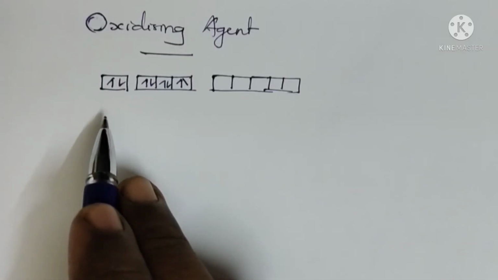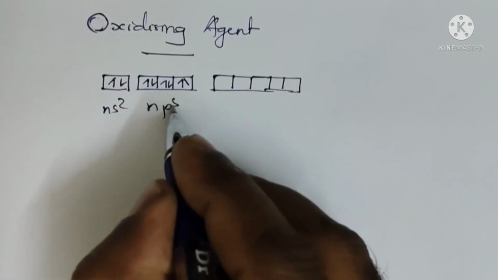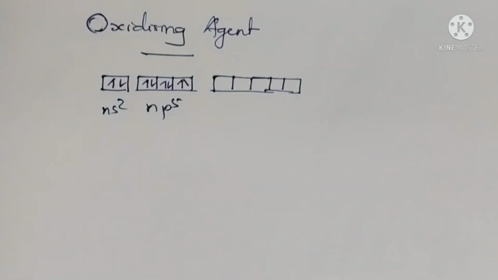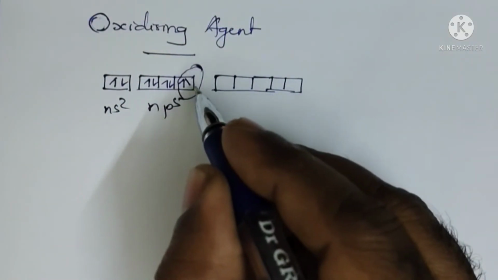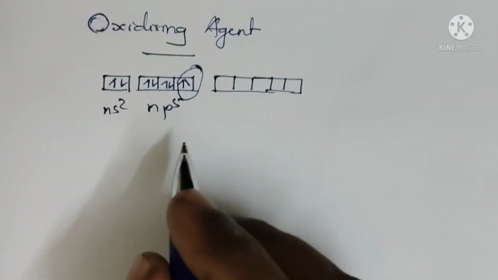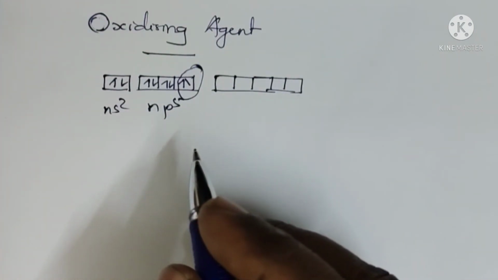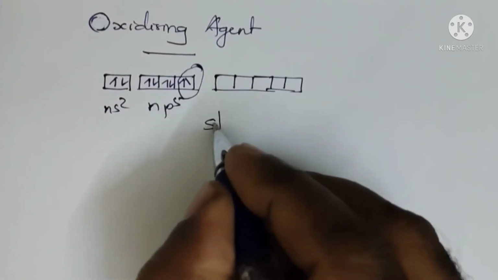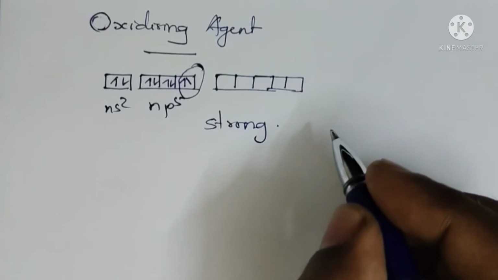We studied the halogens having ns2 np5 configuration. To complete its octet, it accepts an electron. The ready acceptance of an electron is the main reason for the strong oxidizing power of the halogens.